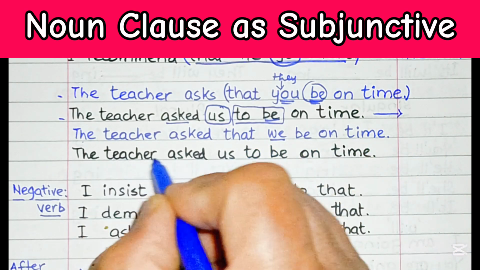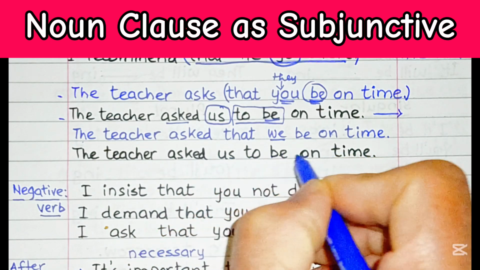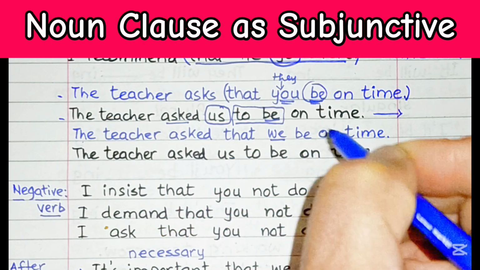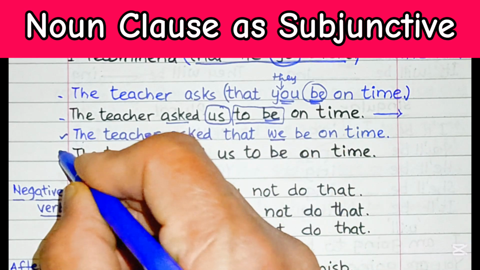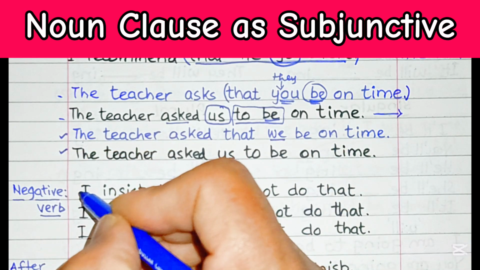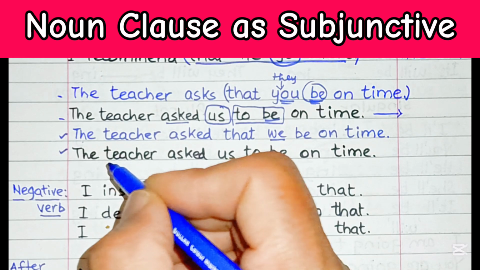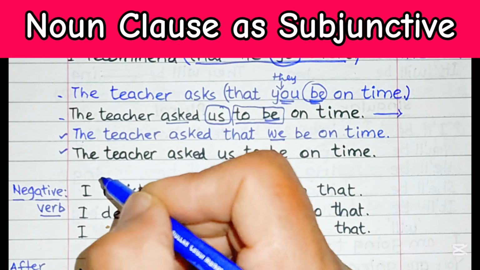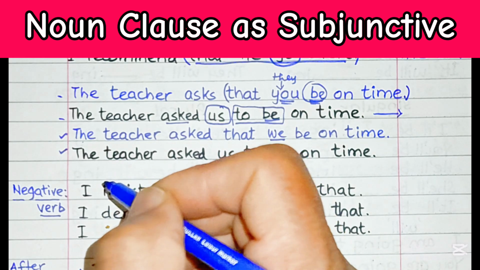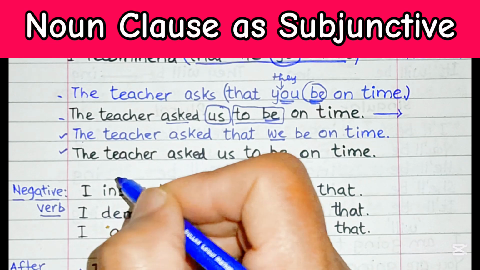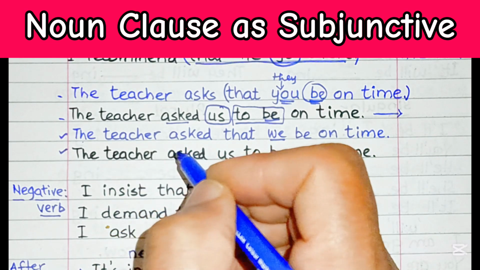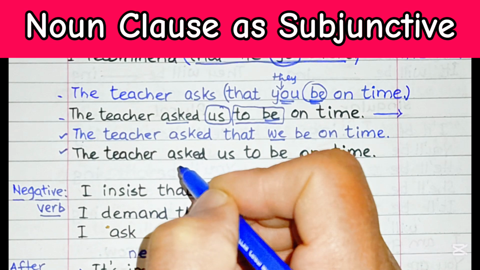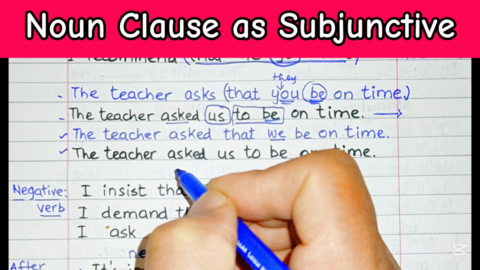Either one of these is fine. Both of them are fine. Using the subjunctive does sound a little bit more formal, and it does represent a higher level of skill when you are speaking English.